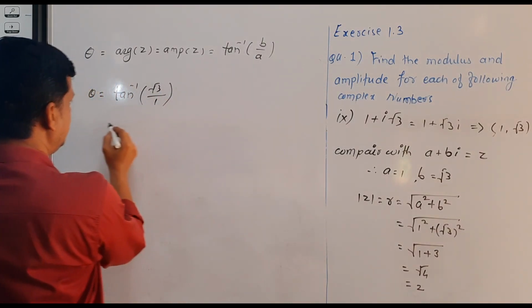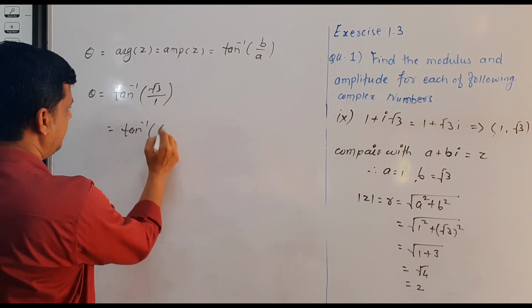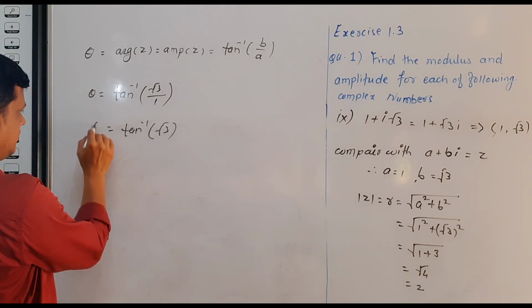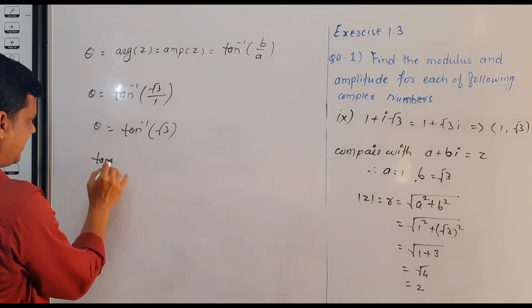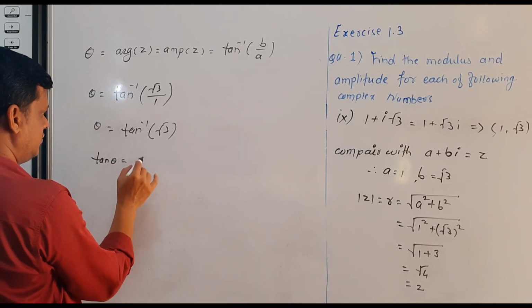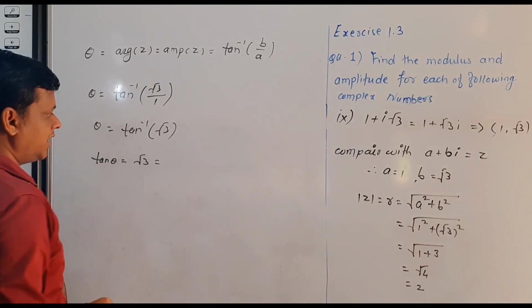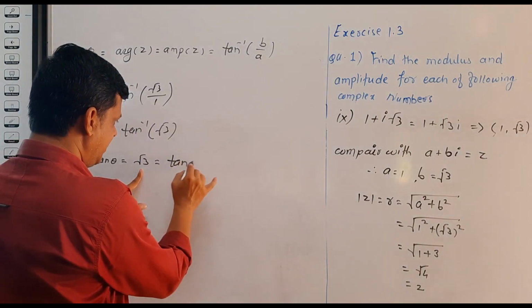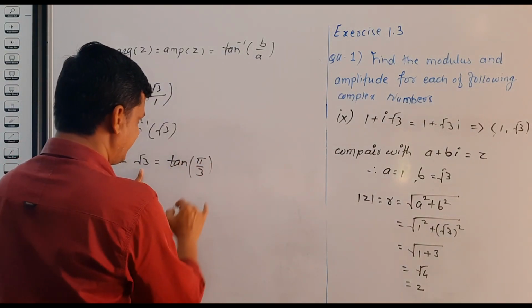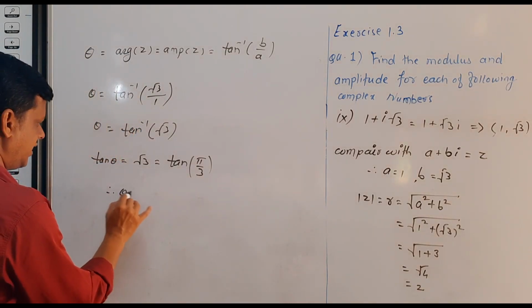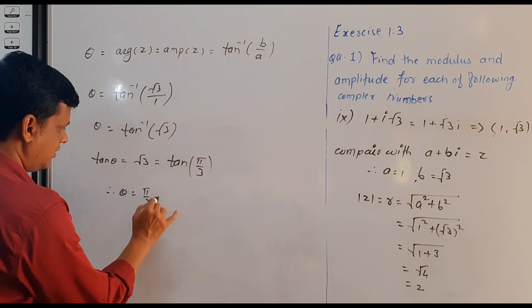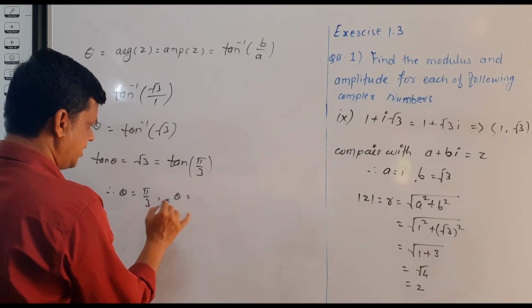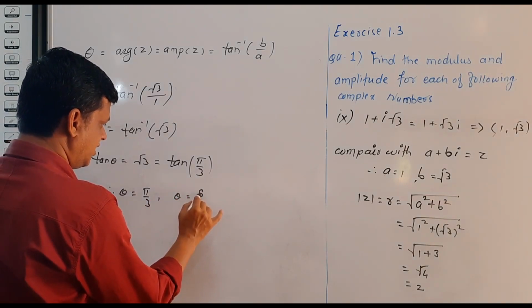The value of a is 1. So we write here tan inverse of root 3. So tan theta is equal to root 3, and we know that tan 60 is root 3. So you write this as tan pi by 3. So theta is equal to pi by 3, or you can write theta is equal to 60 degree.